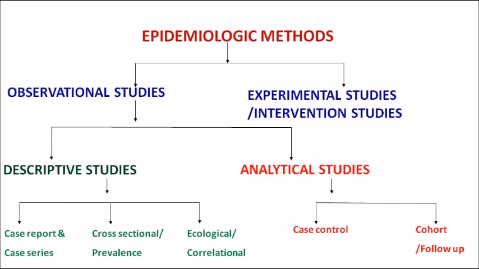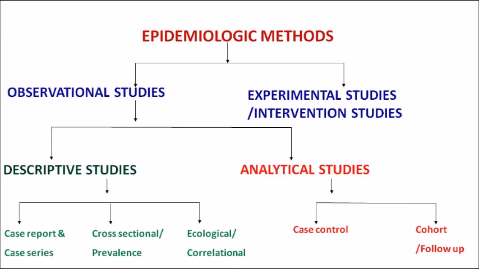So this is a broad classification of epidemiologic study designs or epidemiologic methods. We can classify epidemiologic studies into two categories based on whether we are giving an intervention or not.